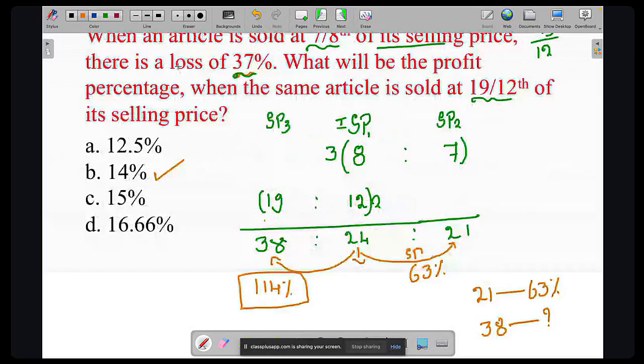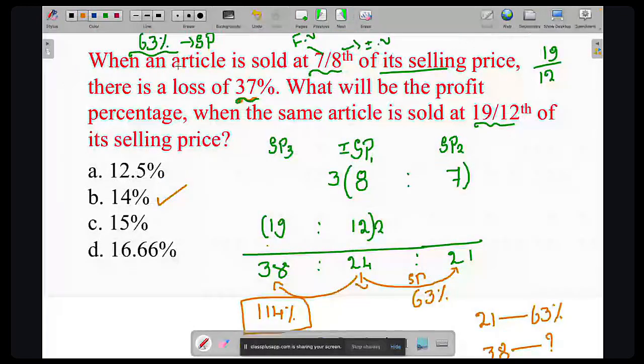See, the data they will give is very tough sometimes. You have to understand that properly. Comparing with selling price, I'm selling one article at 37%.